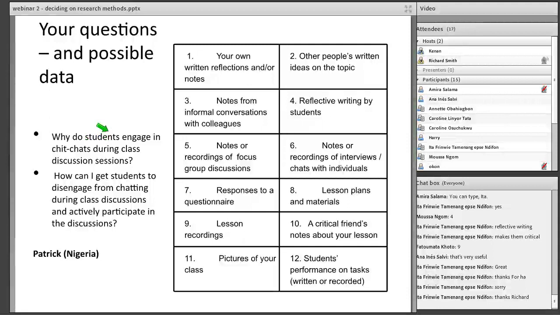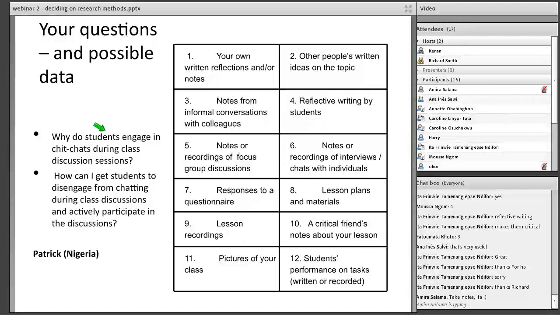Again, when we talk about why, this is behavior, but it's the reasons for behavior, and the reasons for behavior we can only find out, it seems to me, maybe you disagree, by asking the students themselves for their reasons.